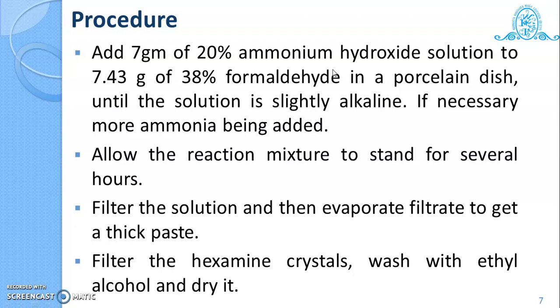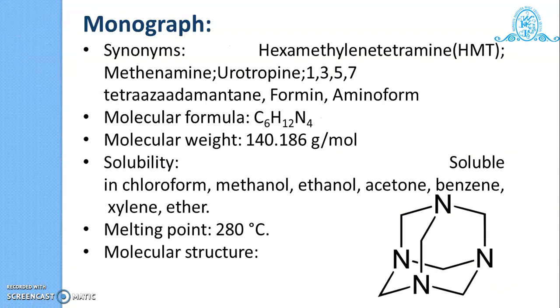After that, allow the reaction mixture to stand for several hours, up to 12 hours. Filter the solution and then evaporate the filtrate to get a thick paste. After that, filter the hexamine crystals, then wash them with ethyl alcohol and then dry them. This is the procedure for the synthesis of hexamine.